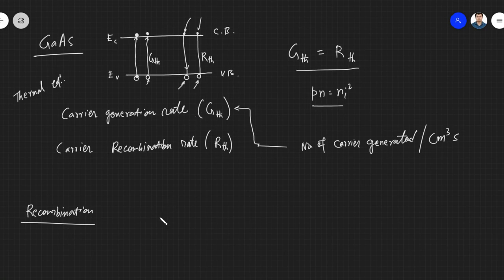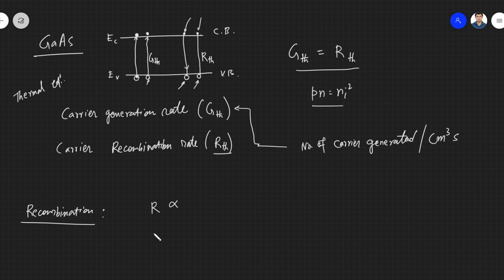takes place, right? So to put it in a mathematical way, this recombination rate, now we are talking about the recombination in general. We are not talking about thermal equilibrium here. We put R_TH for thermal equilibrium, but now we're talking about recombination in general.